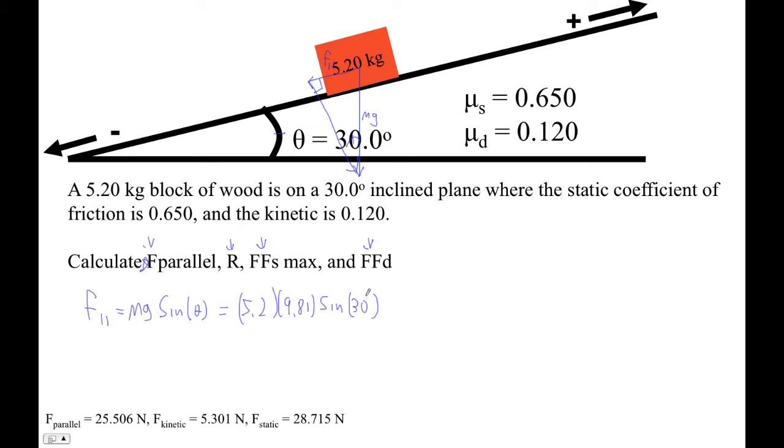That's 25.506. And that's a force that'll always act down the plane. Every single problem we do, that guy will act down the plane. We will always put it as a force in F equals ma, and we'll make it negative.